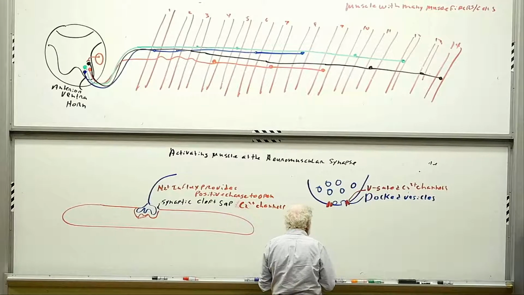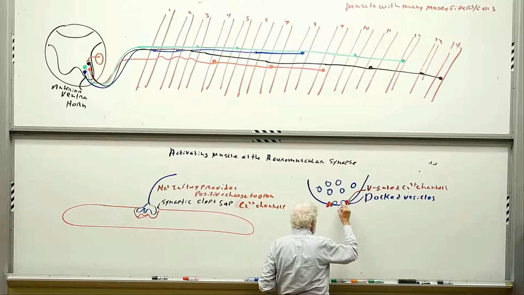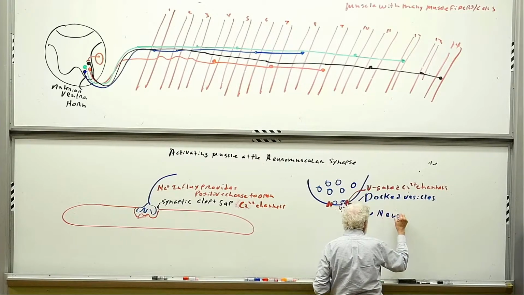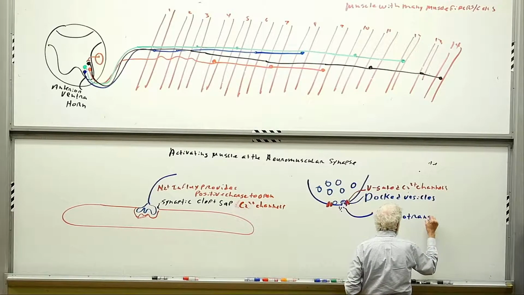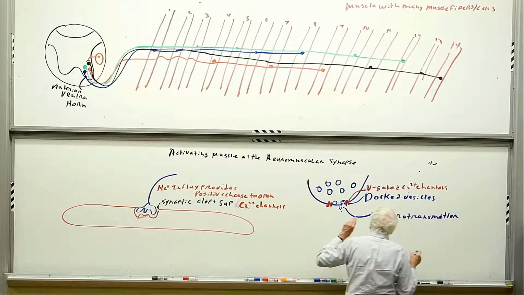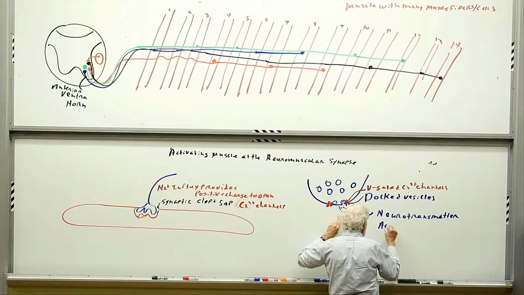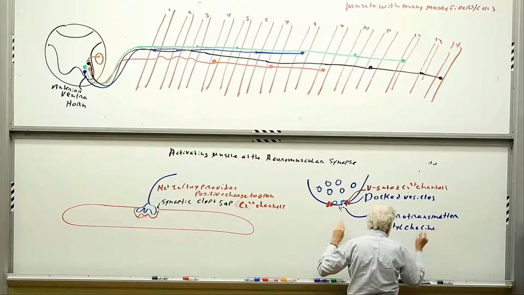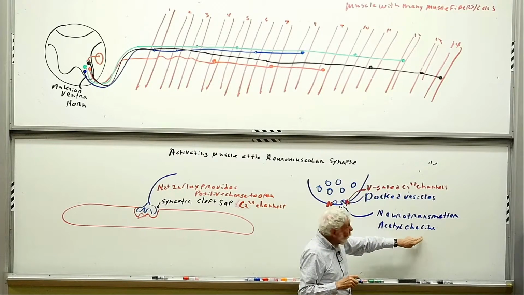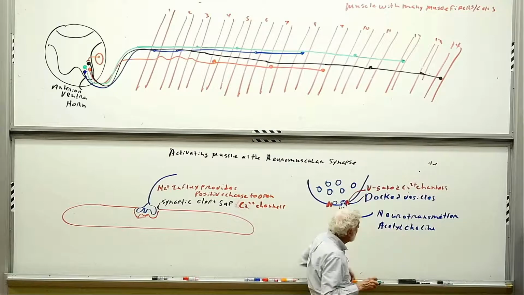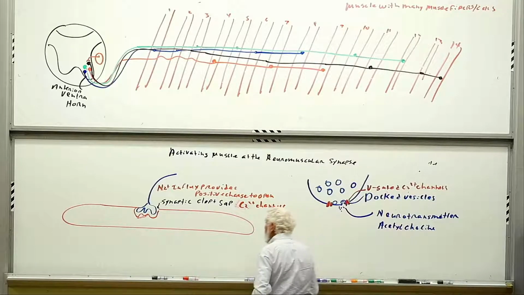That use of the SNARE complex to smush the vesicle membrane and the plasma membrane together allows for the release of neurotransmitter. The neurotransmitter here is acetylcholine. It's basically a choline molecule linked to an acetate by an ester bond. The acetylcholine is then released.